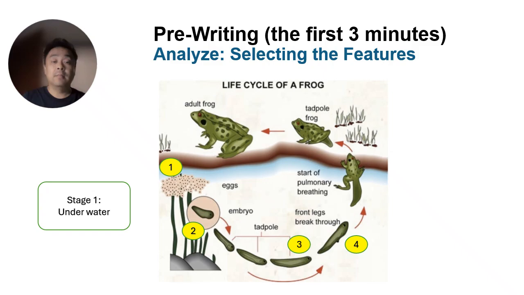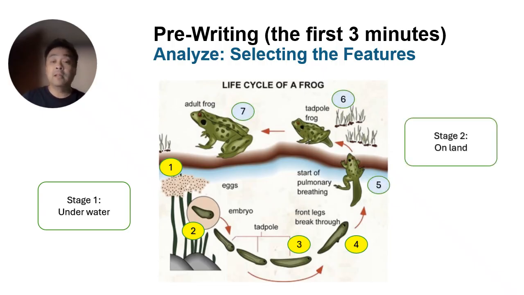Then I see 4 basic steps that occur through here. Then I see 3 steps, from steps 5 to 7, that take place on the land. So here's my second stage. So I've grouped the 7 steps of this process into 2 separate stages, or phases, however you want to call it.